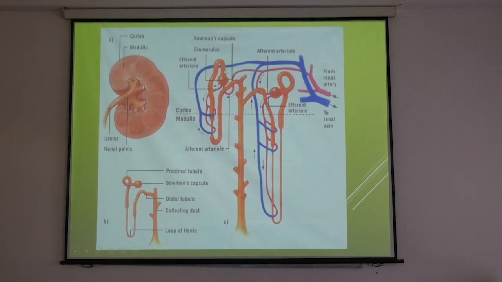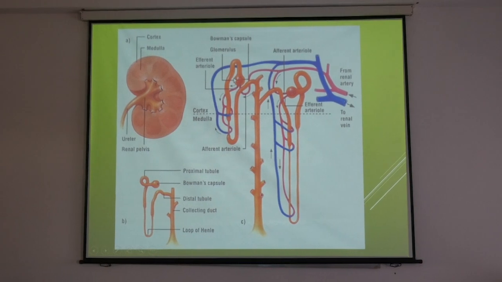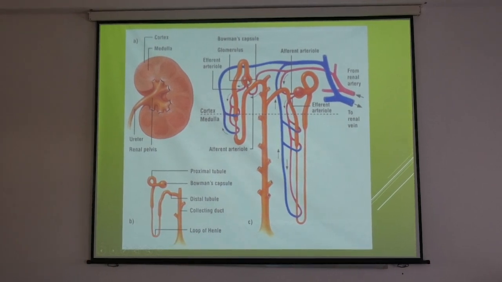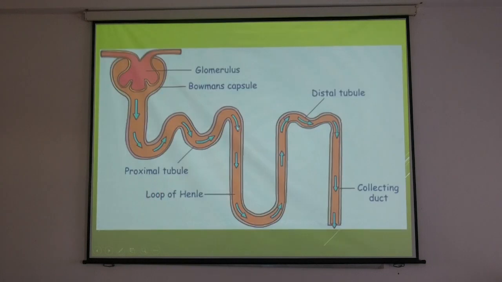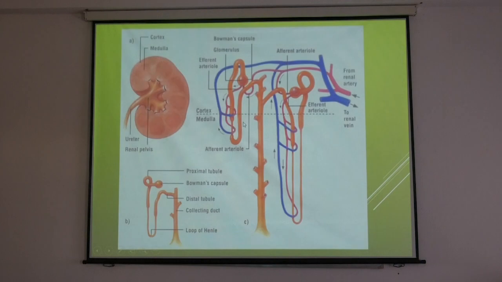So here we can see, what is this structure? Glomerulus. That is the tuft of capillaries. Then outside the glomerulus, what is this structure? Bowman's capsule. From here, what is this? Proximal convoluted tubule. Then it forms the loop of Henle, and then the distal convoluted tubule, which drains into the collecting duct.